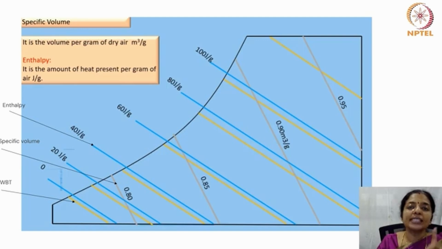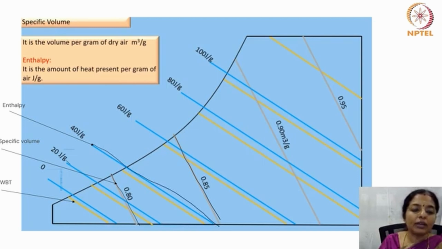And its unit is joule per gram. The enthalpy lines are very much similar to wet bulb temperature lines, but these lines are extended towards the enthalpy scale. For example, this is the specific volume line and these are the enthalpy lines.